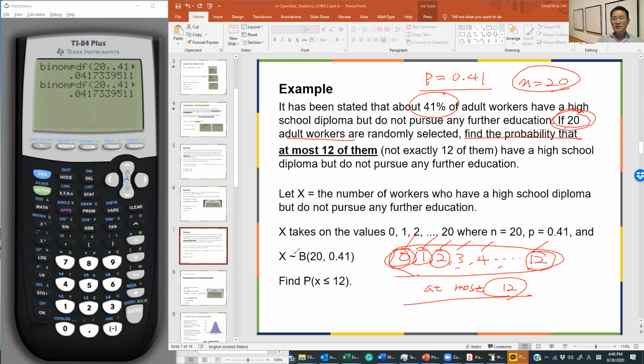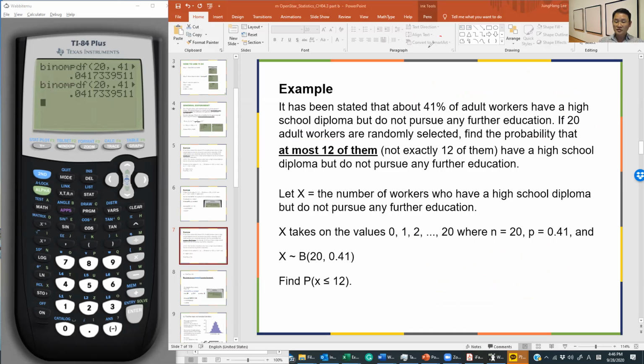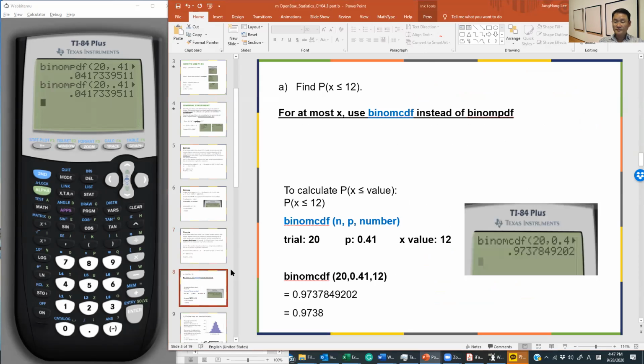But with this wonderful calculator, the TI-83, 84, we can actually do this in one setting right here. So if the question says at most a certain value X, what do we use? We use binomial CDF, instead of binomial PDF.